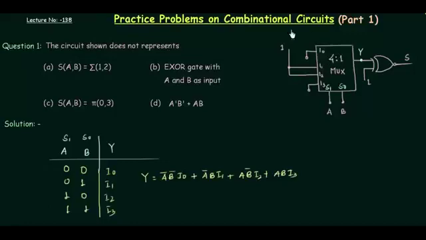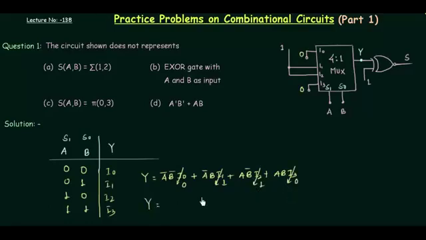Now you can see from the problem that the values of I0, I1, I2 and I3 have already been mentioned. I0 and I3 are 0 and I1 and I2 have the value equal to 1. So I will replace them. I0 is now 0, I1 is 1, I2 is also 1, and I3 is 0.